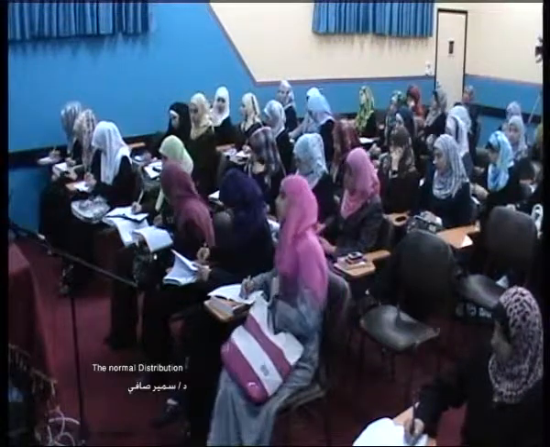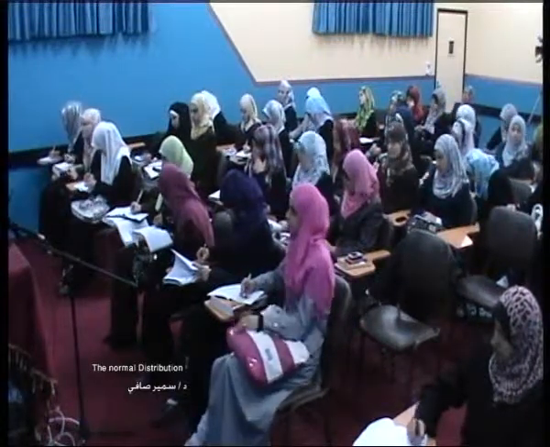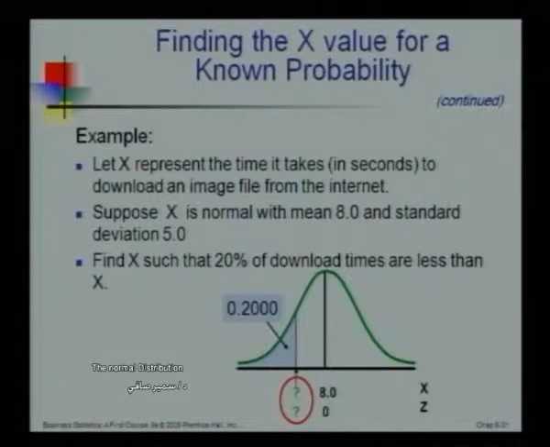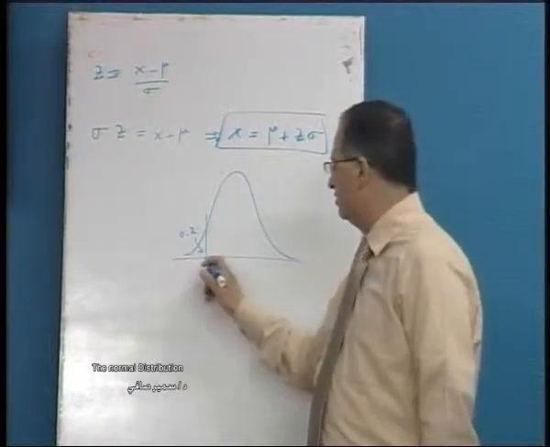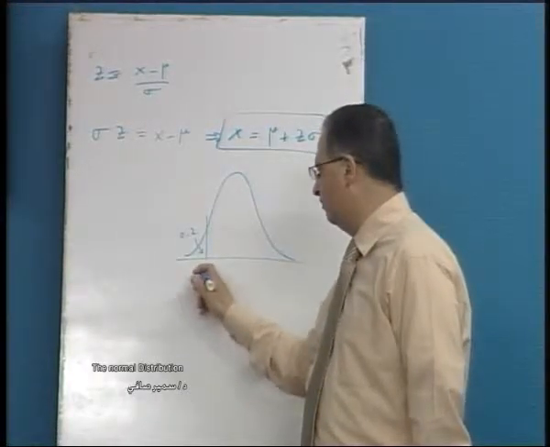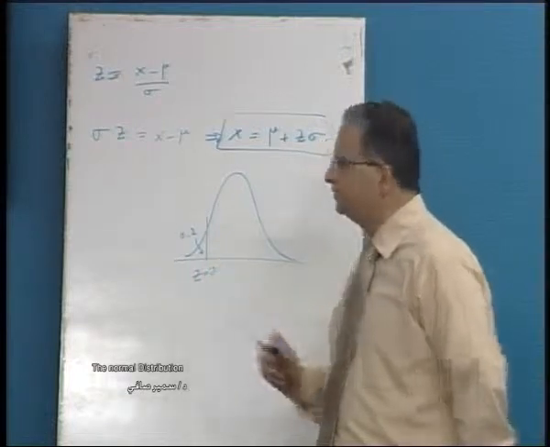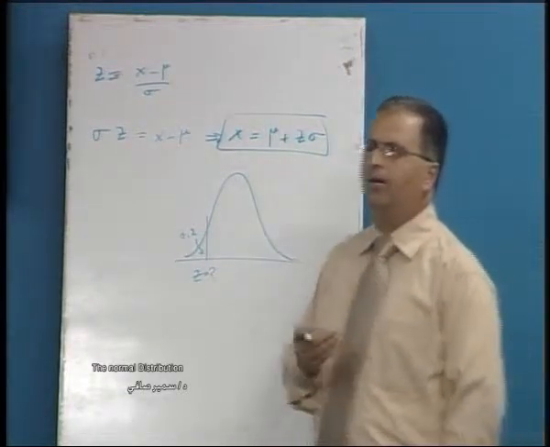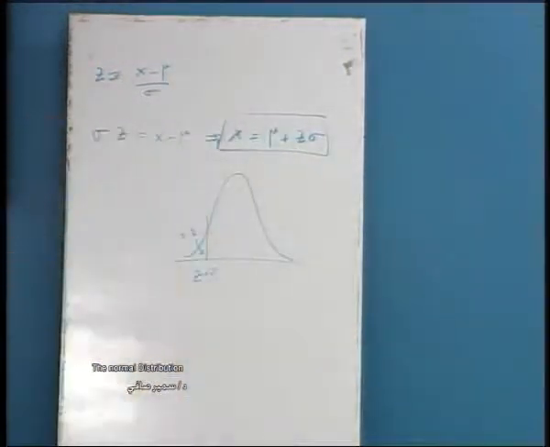Now, in this question, we are asked to find the value of x such that 20% of download times are less than x. The probability is less than 0.5, so your z-score should be on the left side. So here we need to find the value of z first. Go back to the normal table you have.